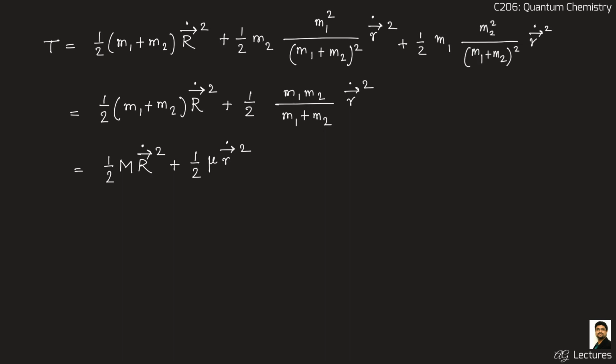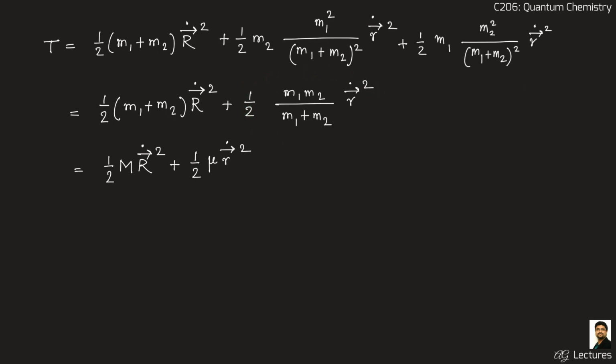I have taken out first the capital R portion. So capital R dot capital R becomes capital R dot square along with this m1 plus m2, the total mass of the system. And then we have two additional terms like this, which can further be simplified and put into one single term as this one.